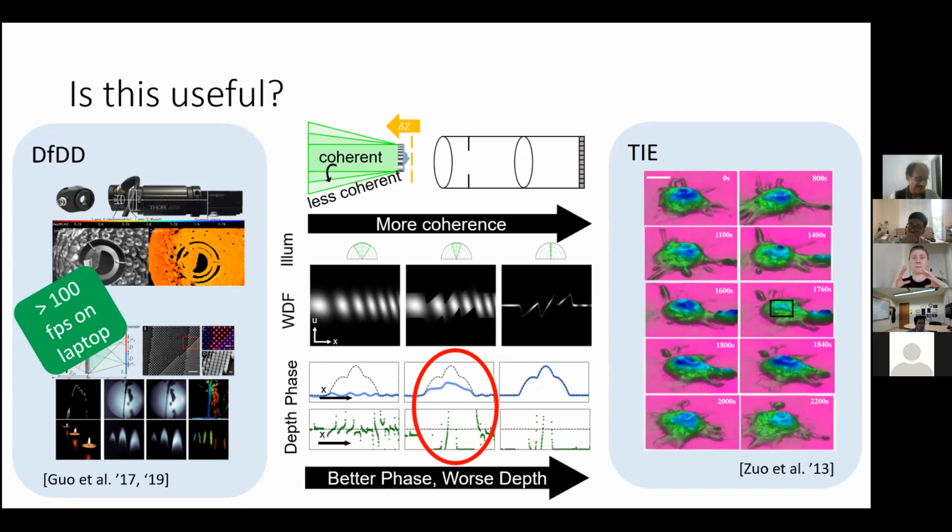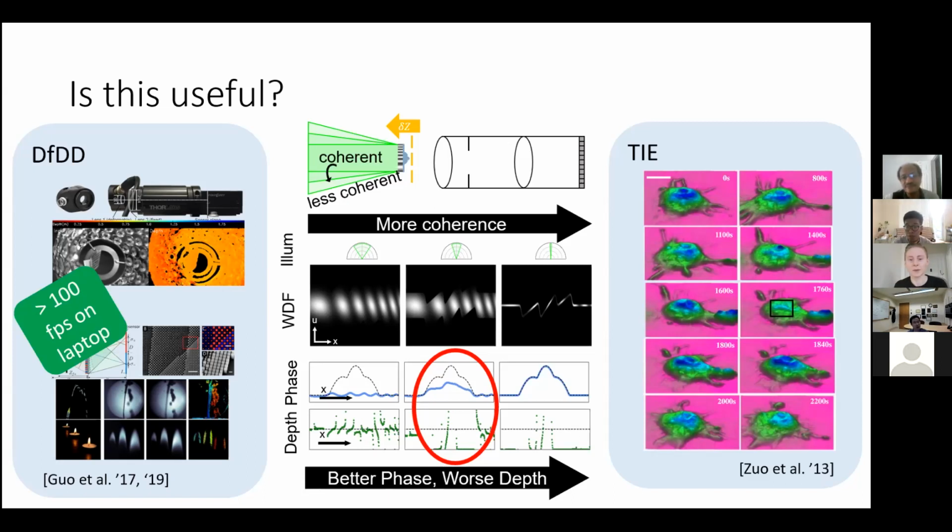This is just when you add more directions into the scene, you no longer have a well-defined phase, and so you have to substitute that with some mathematical object. And this generalized phase that the TIE recovers has this issue where if you're in a low coherence setting and slightly out of focus, then the generalized phase of the scene is not going to match the phase of the object very well anymore. Does that answer your question?